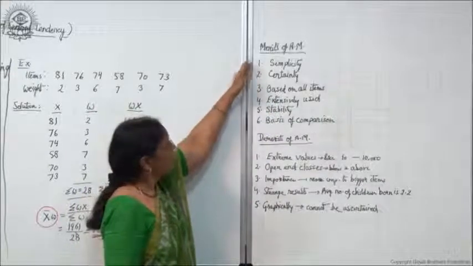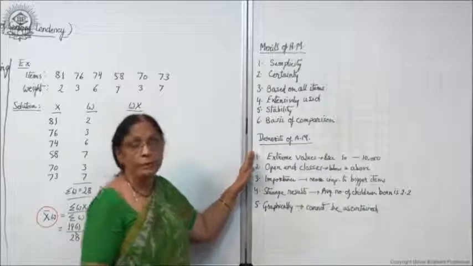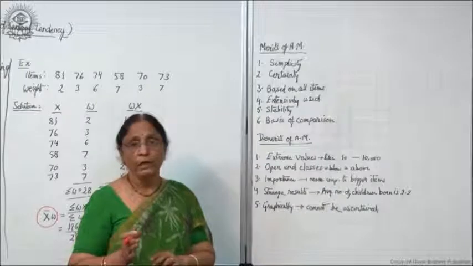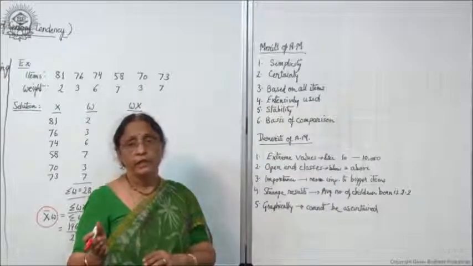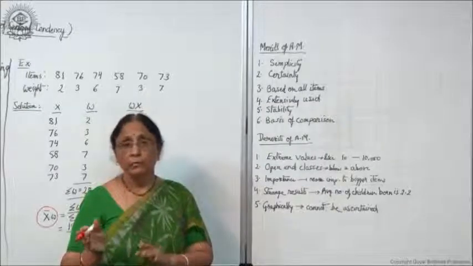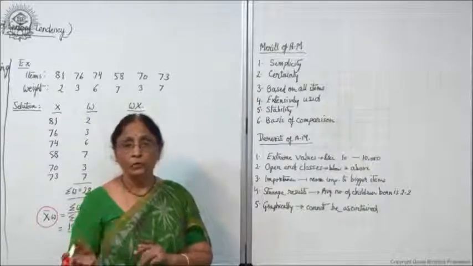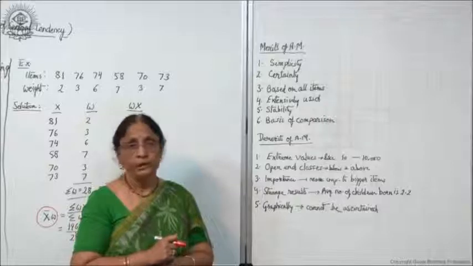Let me tell you one thing, these merits and demerits are on the basis of other types of averages. That means we are comparing with other averages. This is mean, the others are mode and median, which you will learn later.